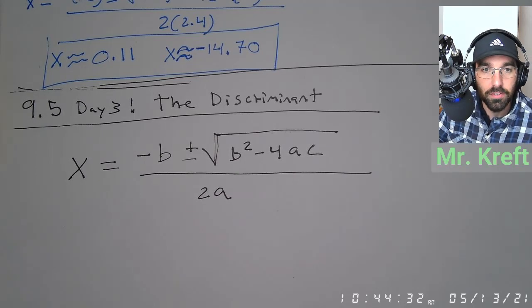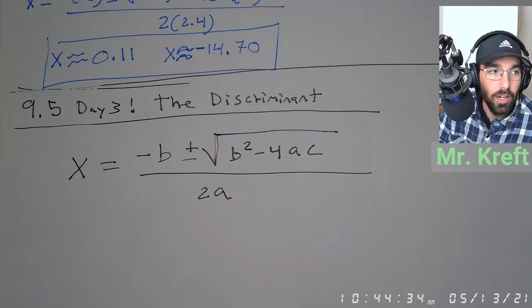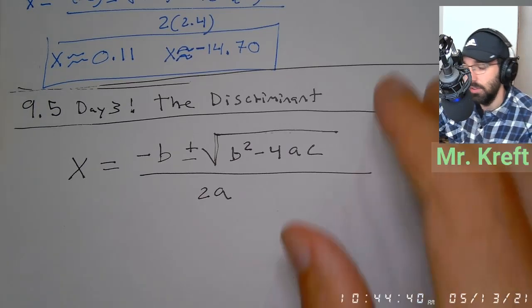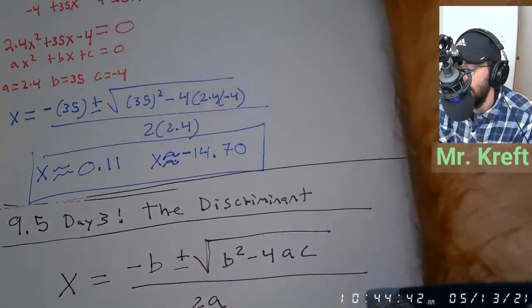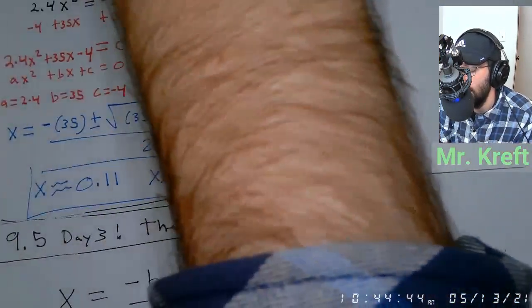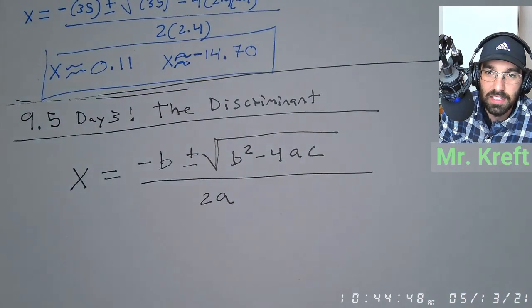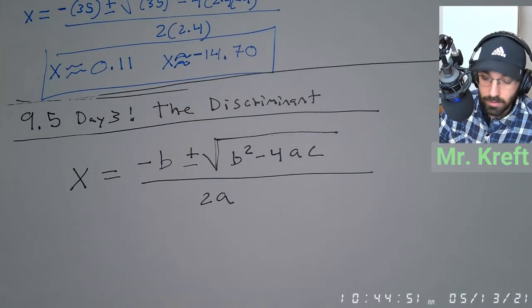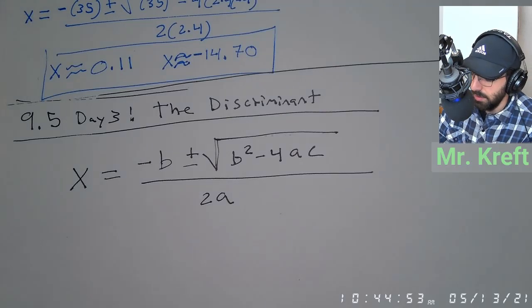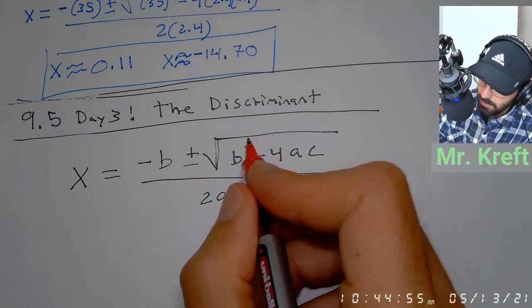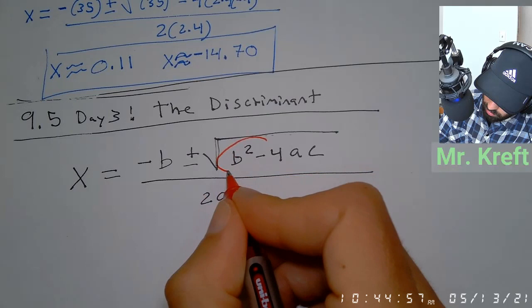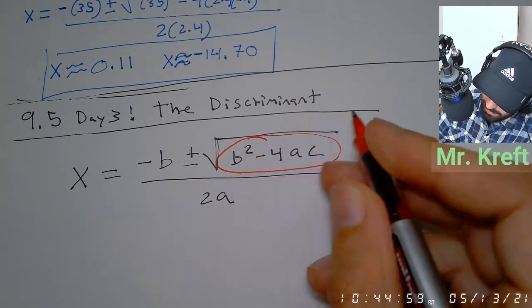So the discriminant is actually a part of the quadratic formula, and it tells us really useful information. That's what we're going to be focusing on today: the quadratic formula is more useful than just solving for x. What we're going to look at today is what I'm circling in red.